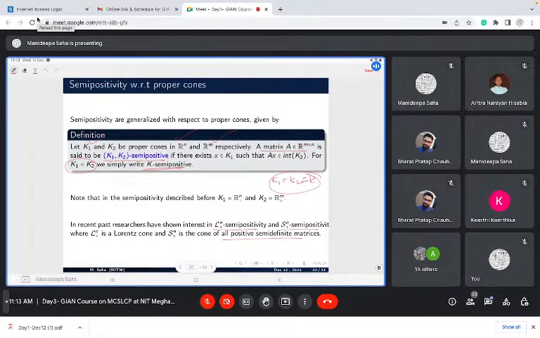Suppose we go for this reversal one also, so that means for all x not equal to 0, x greater than or equal to 0, there exists an index i such that x_i is greater than 0, and then Ax will be positive, so it doesn't change the sign.